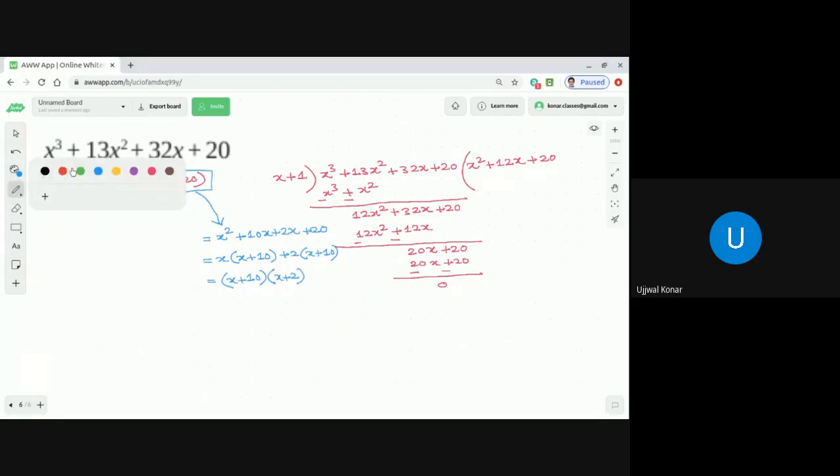That's it. We are done. So this is equal to what? This is equal to x plus 1 into x plus 2 into x plus 10.